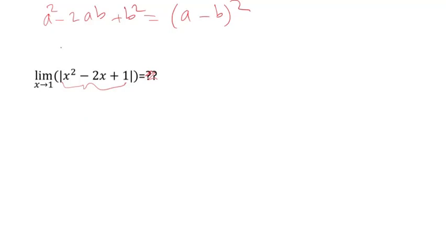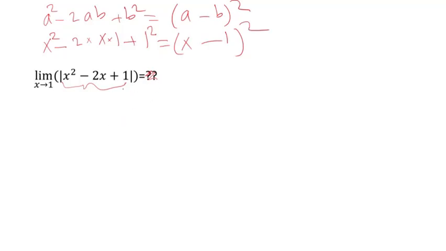So if I take x squared, which is already squared, minus 2 times something that would give me 2x, so it's 2 times x times 1, that gives me 2x, plus 1, which is the same as 1 squared. So I notice my a is x, my b is 1.